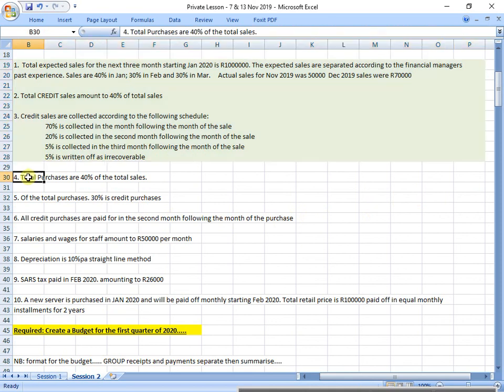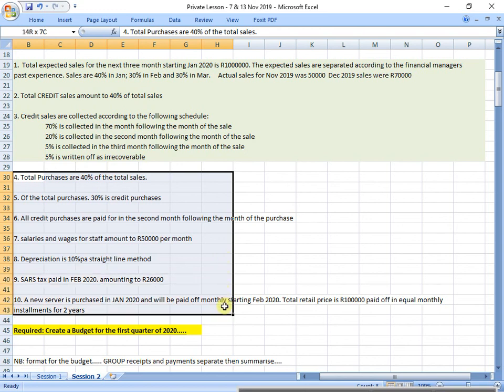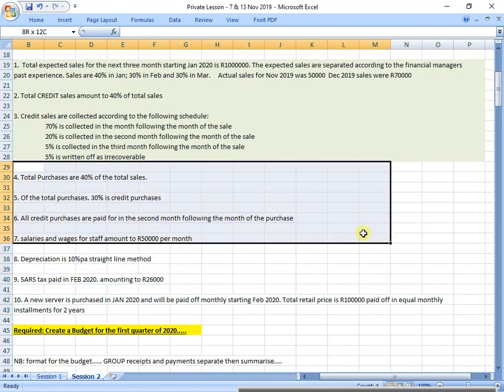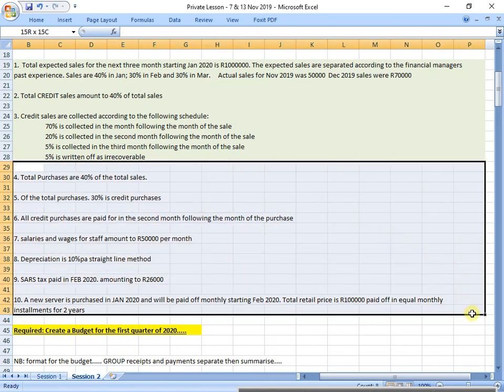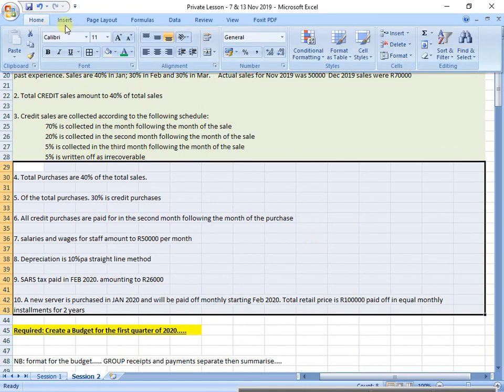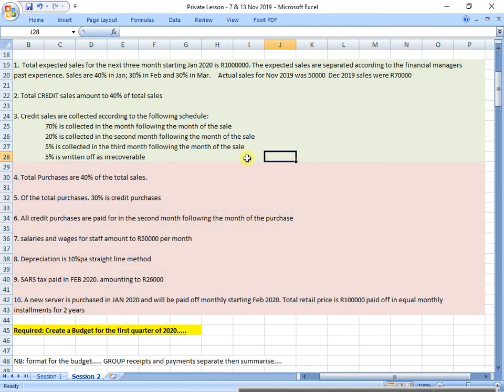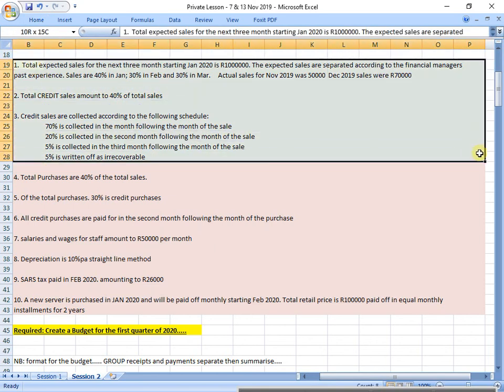Here at the bottom, purchases, salaries and wages, depreciation, tax paid, purchases. These are all payments. So I'm not going to look at the payments now. I'm looking at the receipts. Receipts go with the receipts, obviously. You're not going to look at payments if you're looking at your receipts.